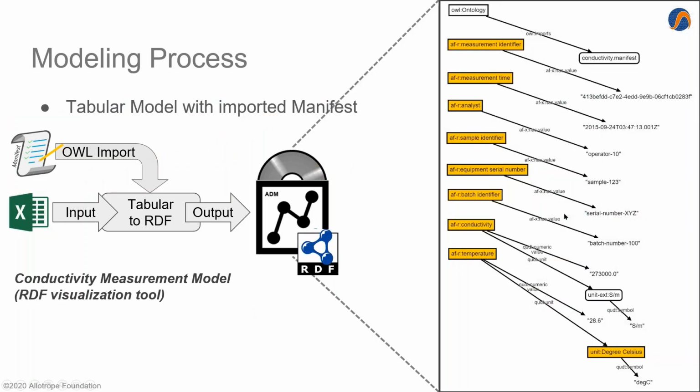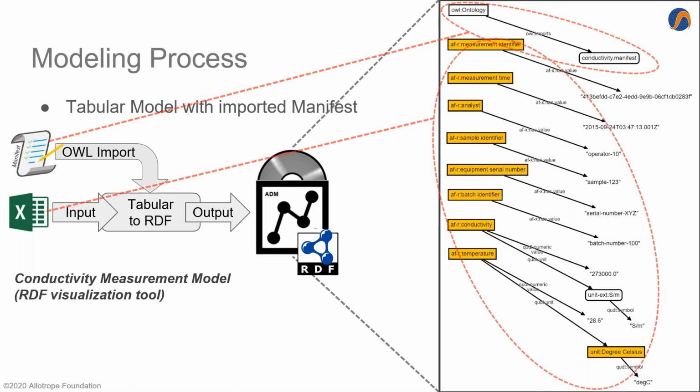Seeing the same information, but instead of in Turtle format, just as an RDF graph, we can see our OWL import, importing the manifest file, the ontology importing the conductivity manifest, and we see the one-to-one triples for each line in the Excel spreadsheet.